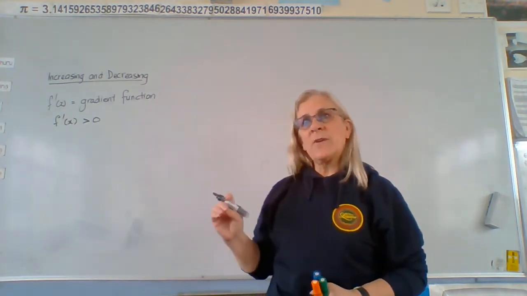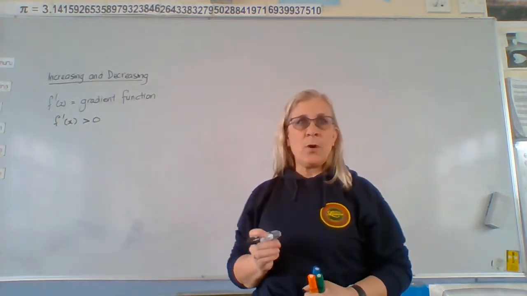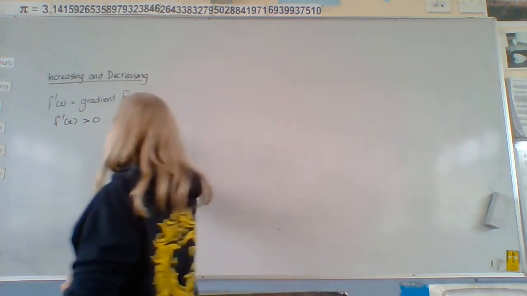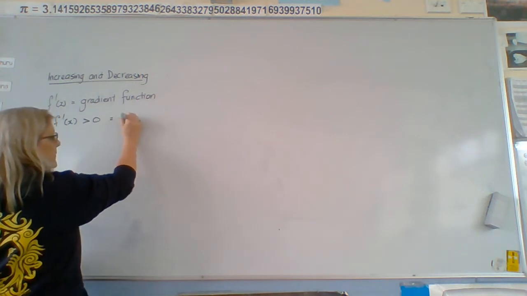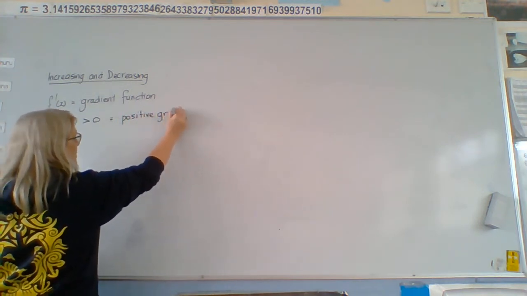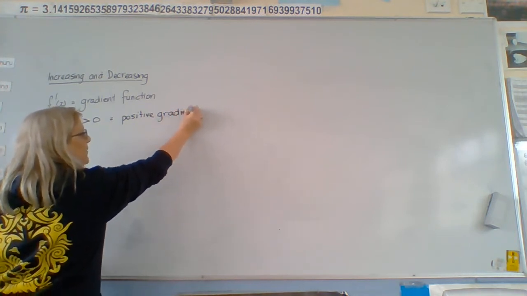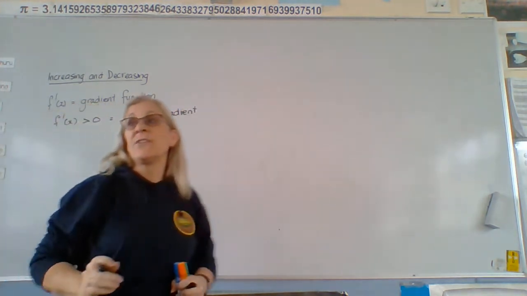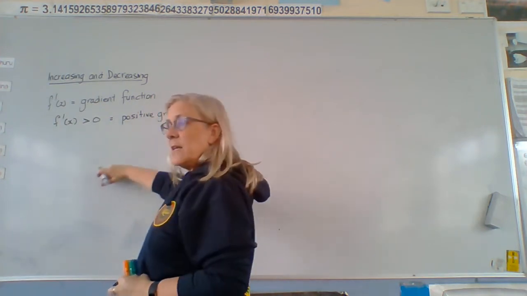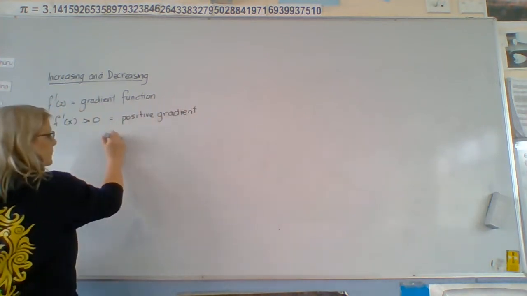When the gradient function is greater than 0, it's got a positive gradient, right? But that also tells us that as we read the graph from left to right, it is going up, increasing.